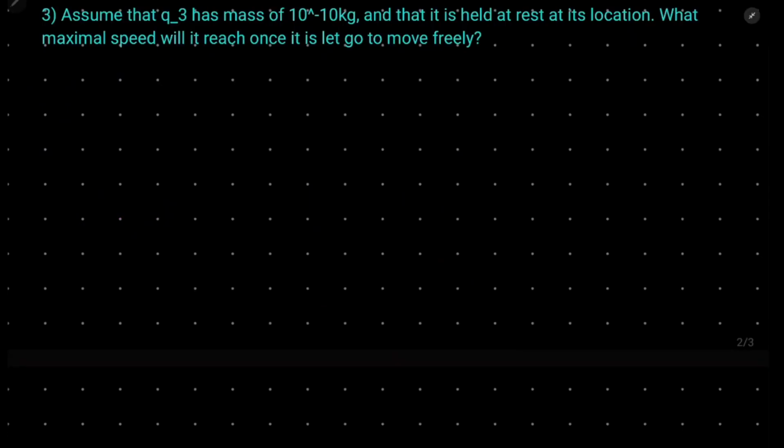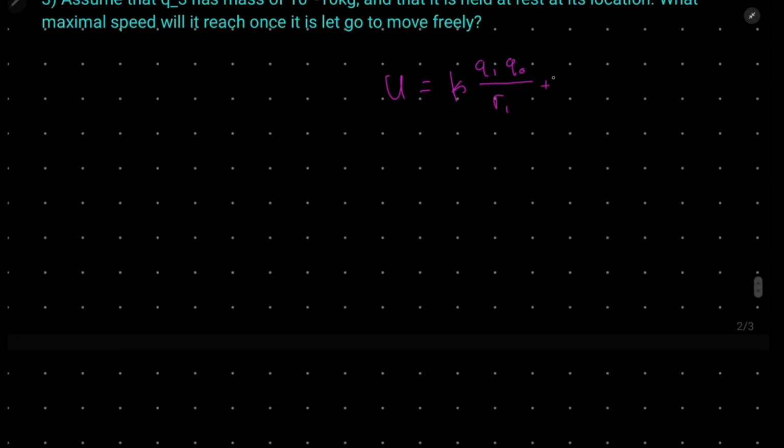Okay, so in the next part, we are going to find the maximum speed it'll reach when let go freely. In order to do this, we need to use the equation U equals K Q1 Q naught over R1 plus Q2 Q naught over R2.